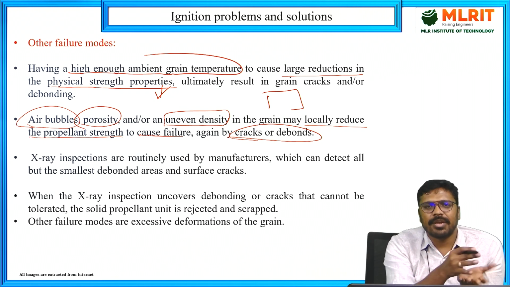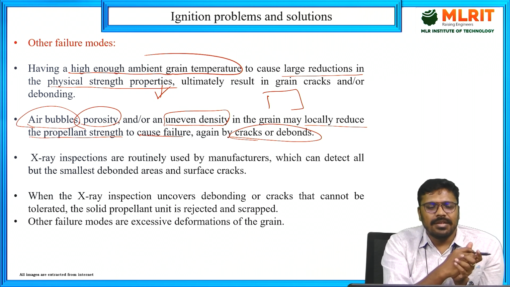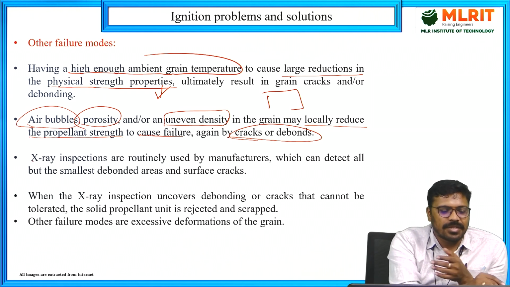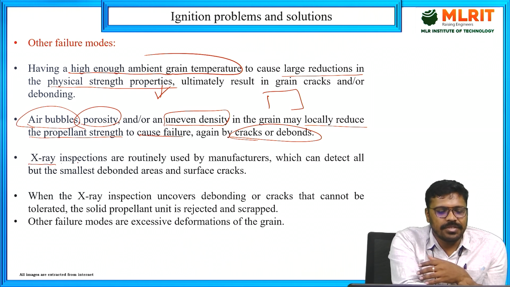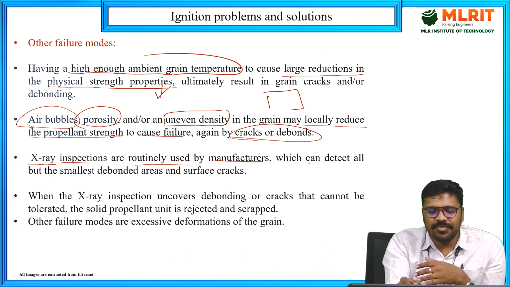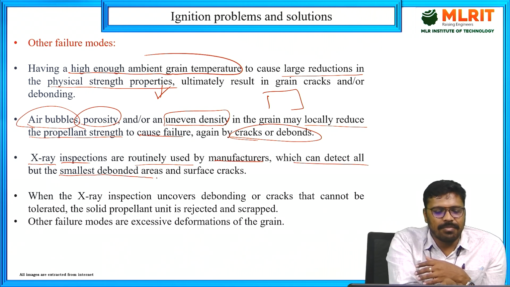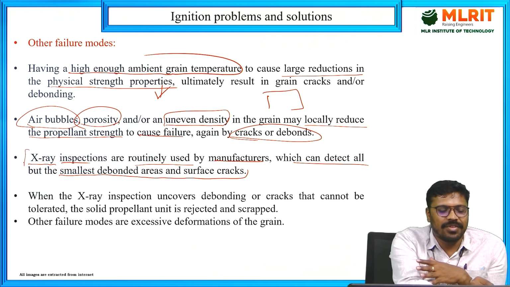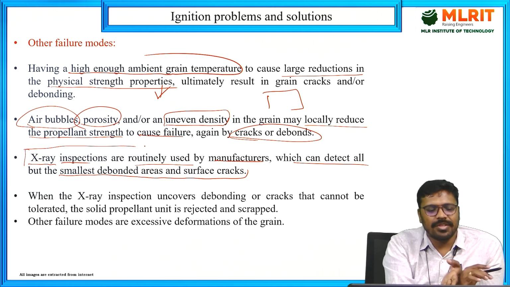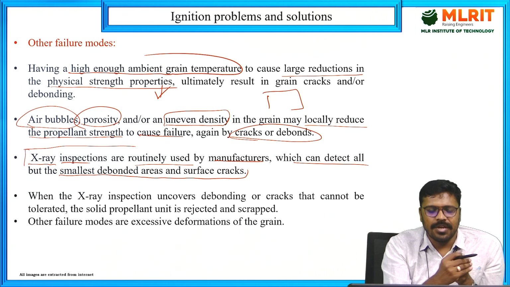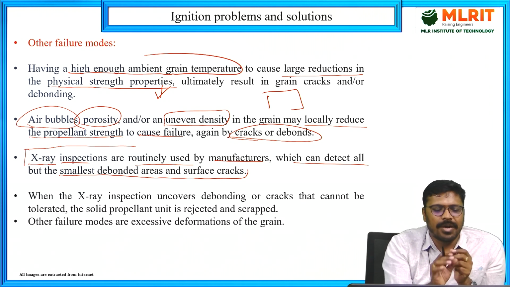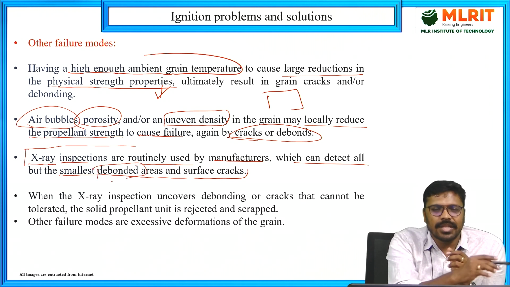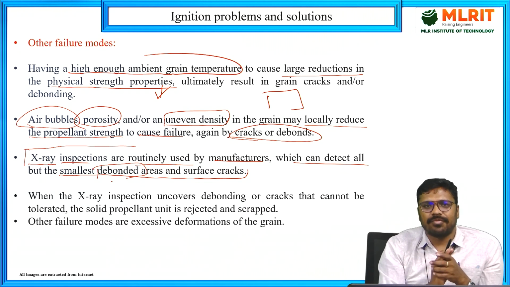Before loading the propellant grain in the motor case, we can do some inspections. X-ray inspections are routinely used by manufacturers, which can detect all but the smallest debonded areas and surface flaws. If the debonded area is large, we can detect it with the X-ray. But sometimes if there are many small debonded areas, that will also lead to motor failure.